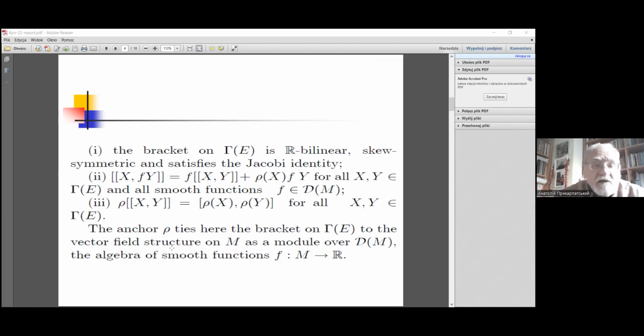About the anchor: the anchor rho ties the bracket on gamma E to the vector field structure on M. And this last aspect was the main one used for introducing this notion of algebroid.